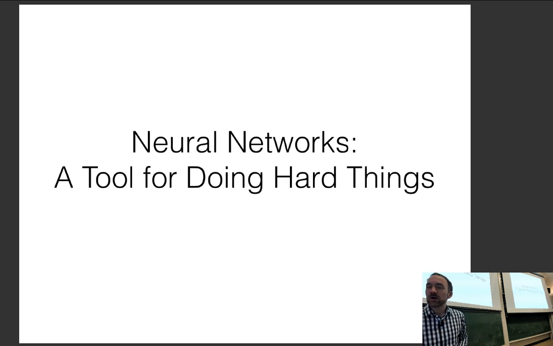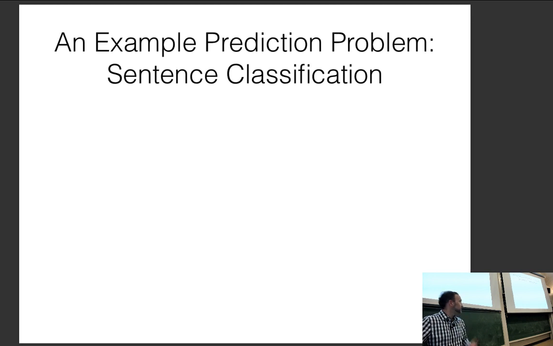Okay, so neural networks, from my point of view as somebody who's interested in language and building systems that work well in language, I view them as a tool to do hard things. To give a very simple example of this, an example prediction problem is sentence classification. Simple in terms of being intuitive, not simple in terms of actually solving the problem well.